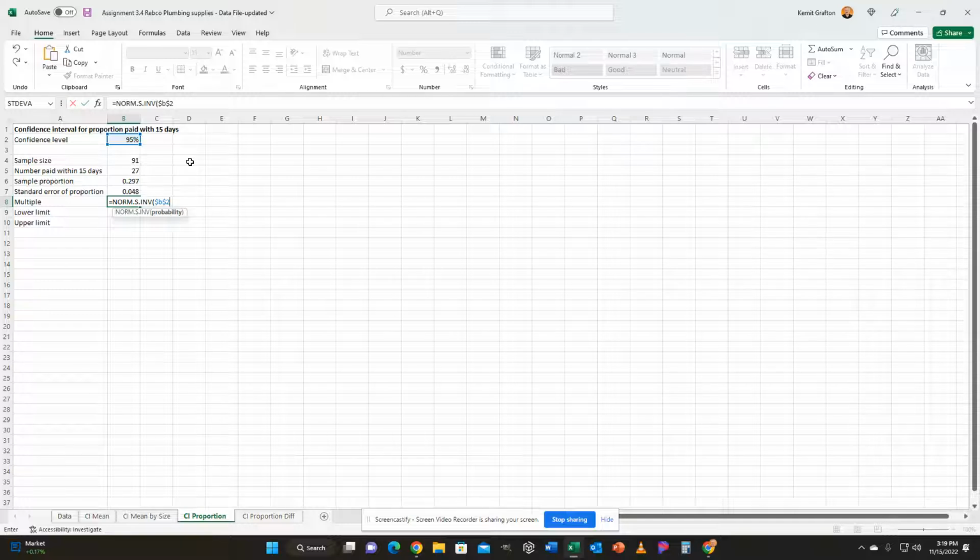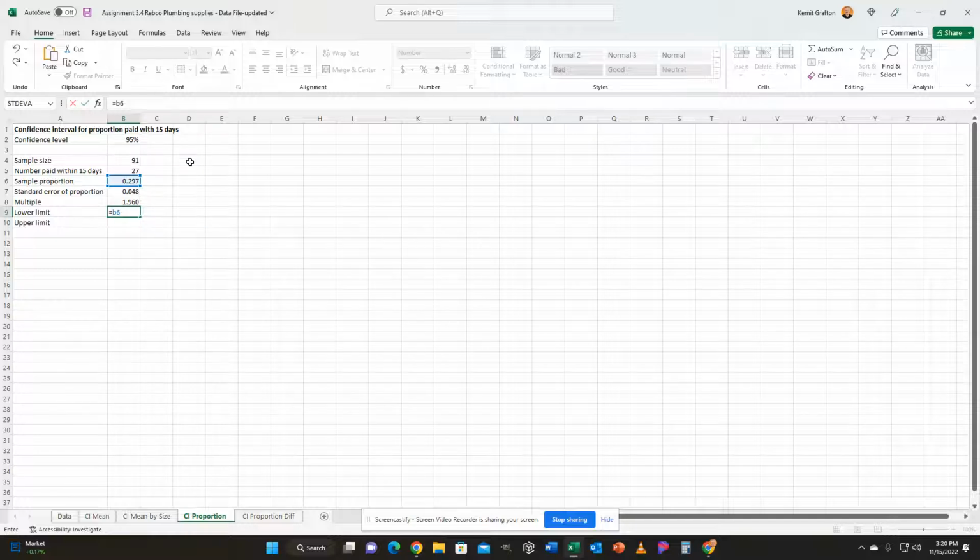You can see it highlights the confidence level up there. Add to that 1 minus, close paren, divided by 2, close paren. That gives us 1.960.